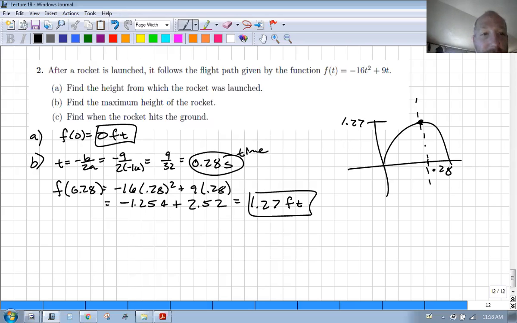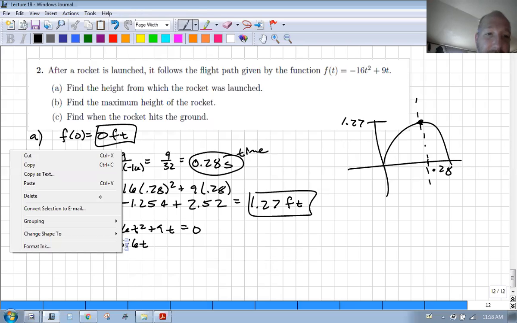All right, when does the rocket hit the ground? That's when its height is 0. So if we're going to solve this, let's see here. I can pull out a t. So I got a negative 16t.